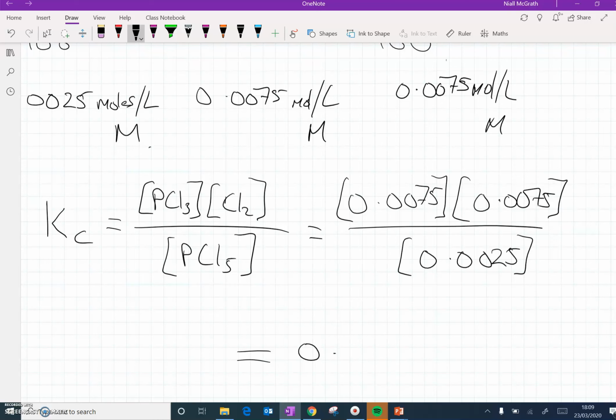So if we go 0.0075 multiplied by 0.0075, we'll do it step by step rather than skipping.